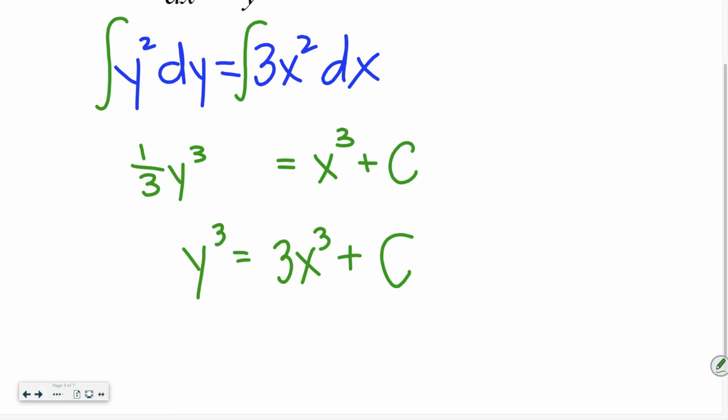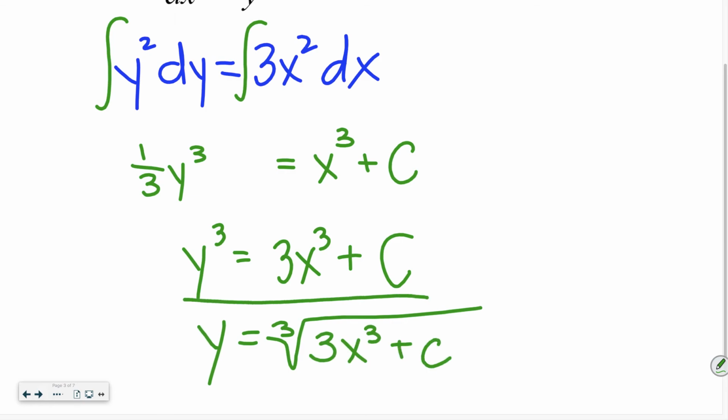Especially if we're not going to find c, 3 times c is still a constant. I don't want it to be crowded in my answer. And then to solve for y, we would want to cube root both sides. So y equals the cube root of 3x cubed plus c. There is our general solution to the differential equation.